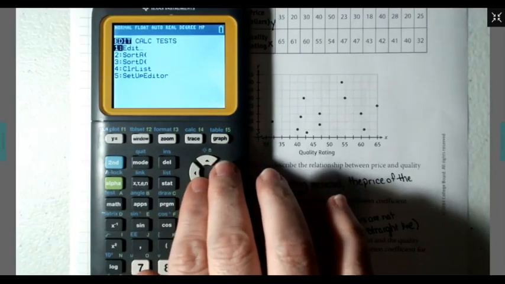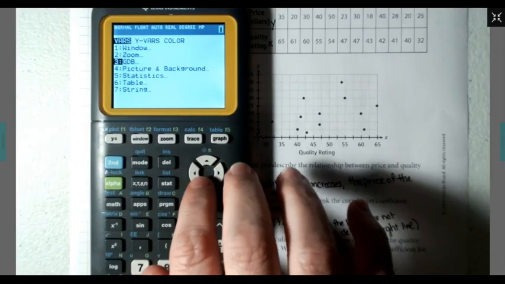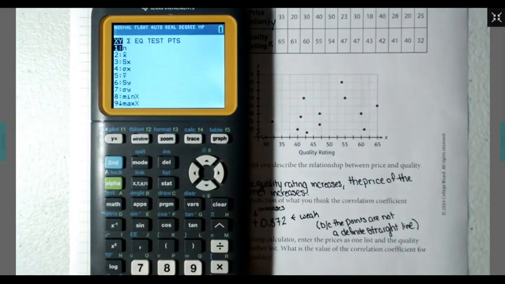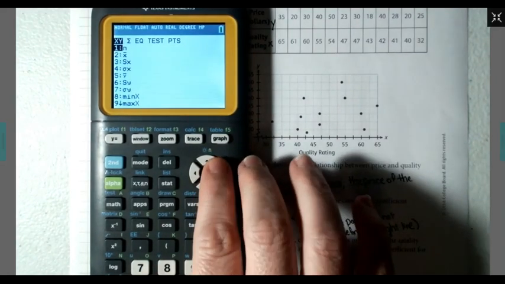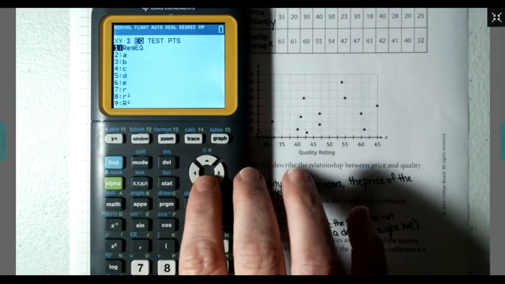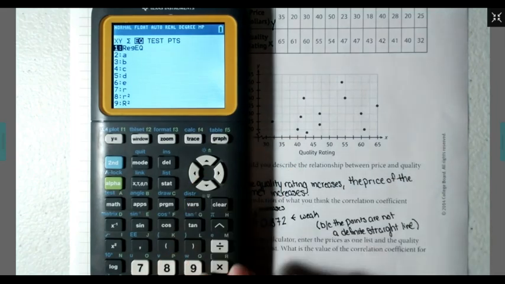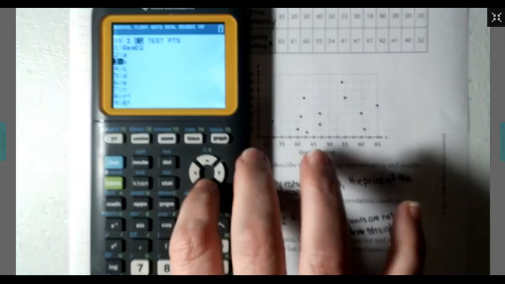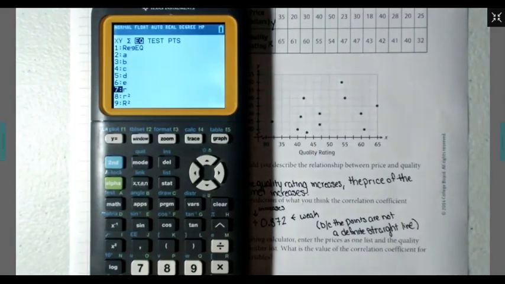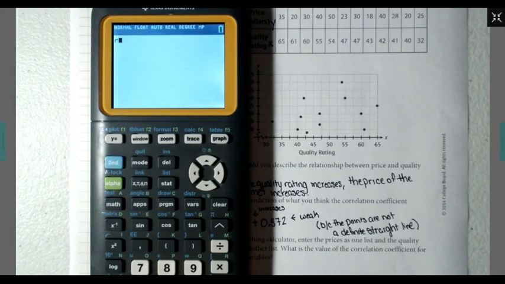I'm going to go to VARS, down to Stats, and over to where it says EQ at the top, and go down to option 7 that says R, because that's what my correlation coefficient is labeled as.